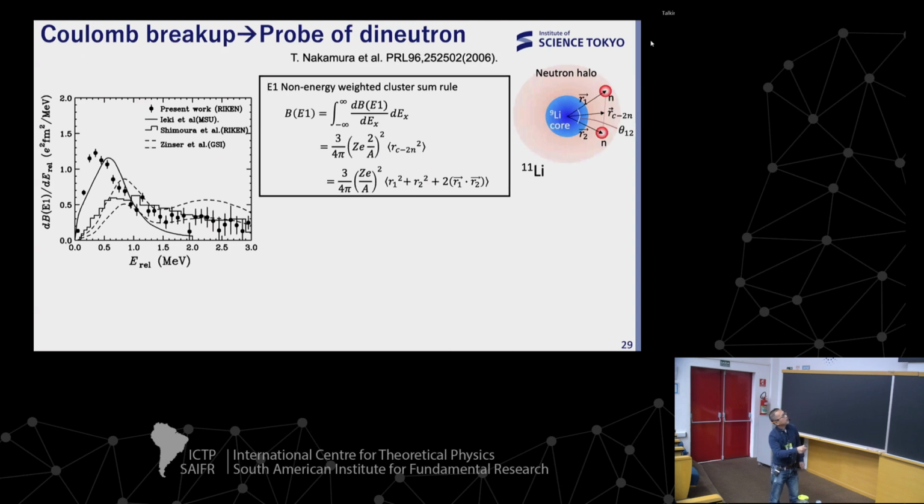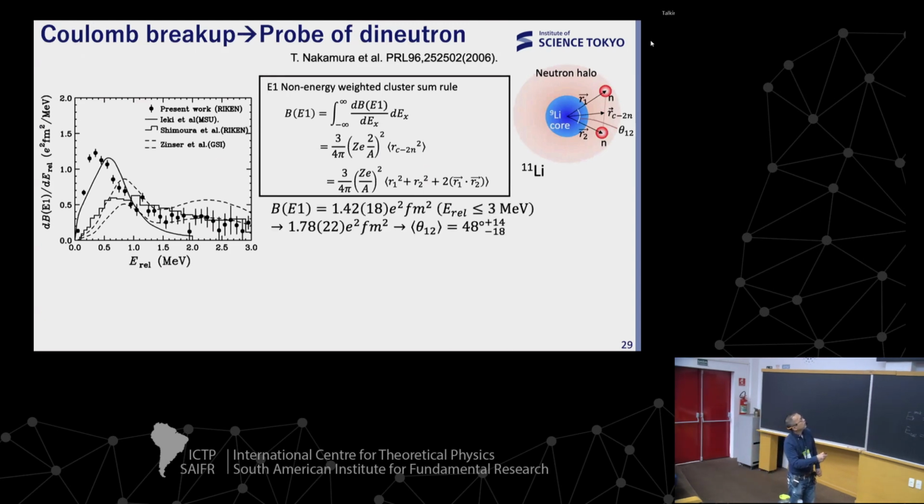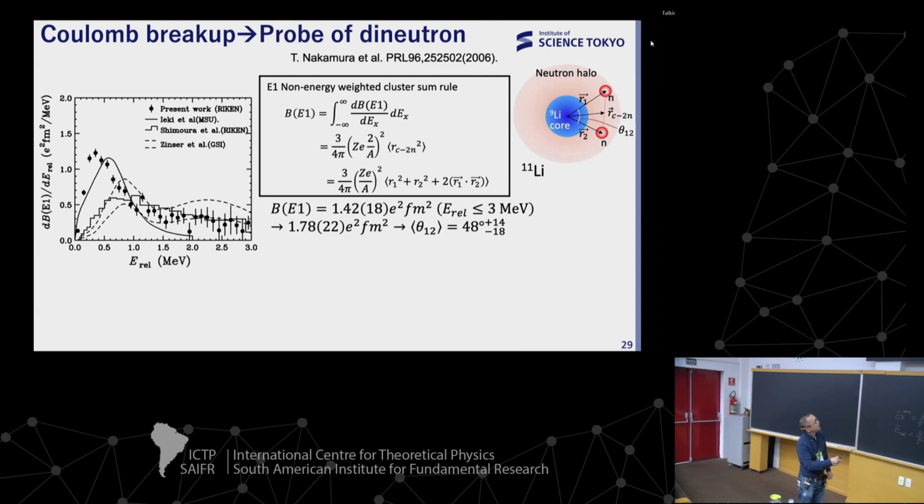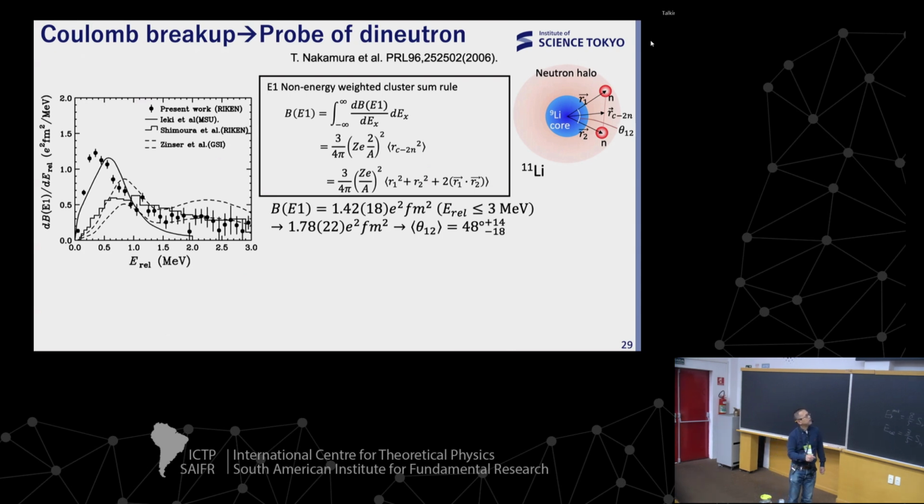This is the same thing written. We had some distribution up to 3 MeV, but we extrapolated to larger energies using some theoretical calculations. And then we evaluated this opening angle to be 48 degrees.